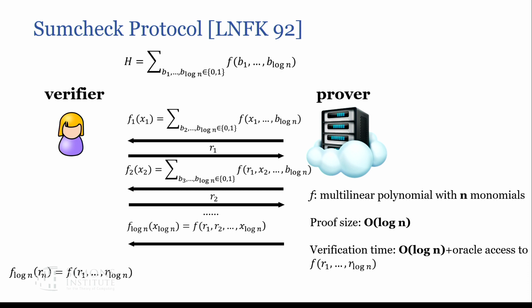Okay? And verification time is also log n plus this final so-called oracle access to this evaluation of the multivariate polynomial. And we are going to explain how she gets this oracle access in the GKR protocol. So that is the Sumcheck and some of its efficiency measures.